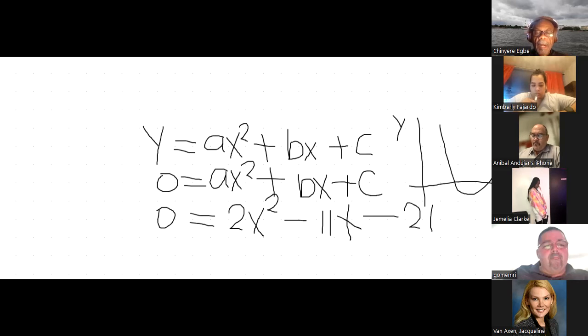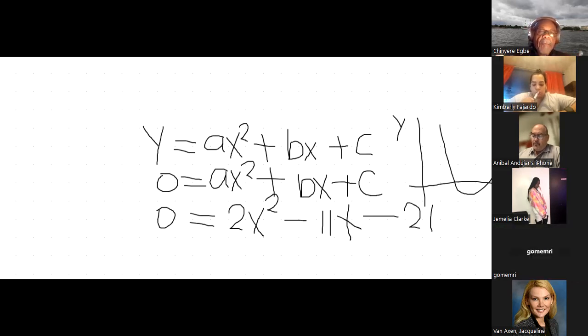Okay, all right. So this is an example of a quadratic function. In this function, a is equal to 2, b is equal to minus 11, and c is equal to minus 21. So this is a quadratic function, okay?